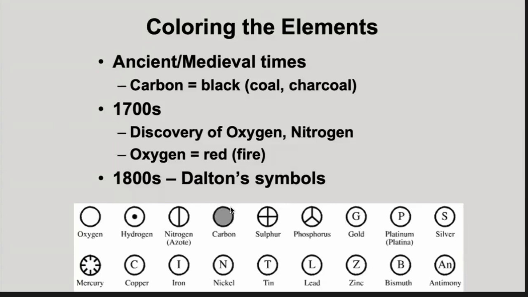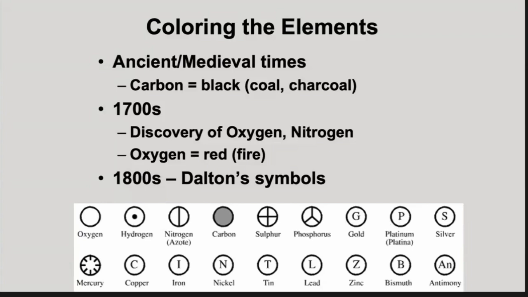Carbon was filled in as a solid circle, again hearkening back to this association with black coal and charcoal. Oxygen was just a simple circle, hydrogen a circle with a little dot in it, and you can read the rest of them here. He even had things like gold and platinum and silver and so forth. So he used these symbols in his publications, but no color.